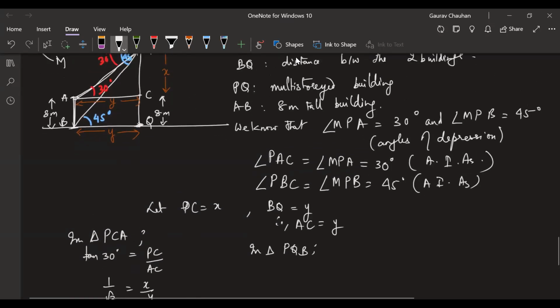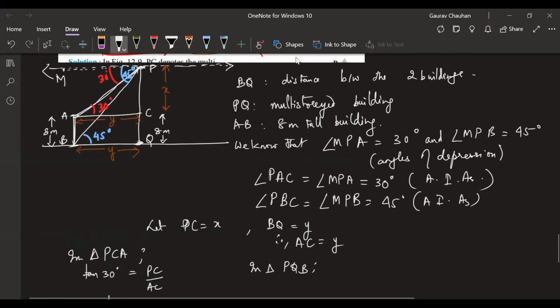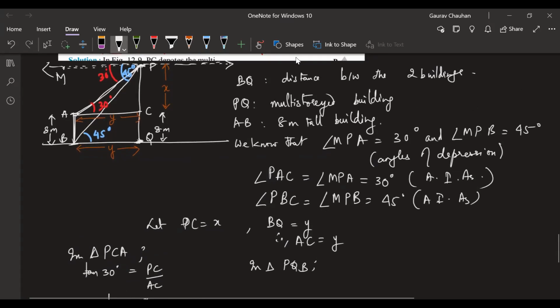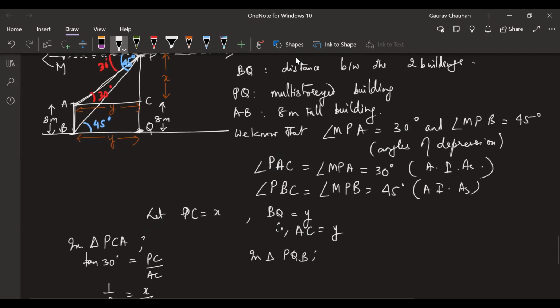In triangle PQB now, I have tan of 45 degree equal to PQ by BQ, right? Tan 45 degree is 1. PQ is how much?